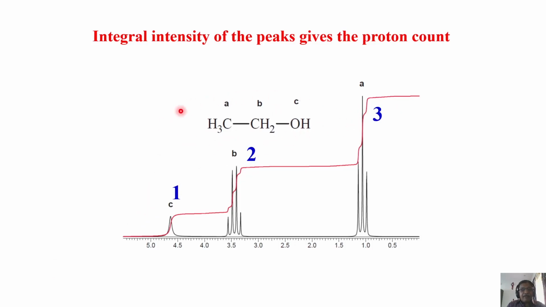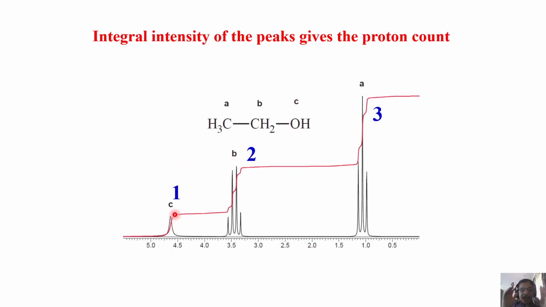But look at the number of protons in each of these groups. The CH3 group has 3 protons. Intensity is 3. This is CH2. It has 2 protons. Intensity is 2. This is one proton, intensity is 1.